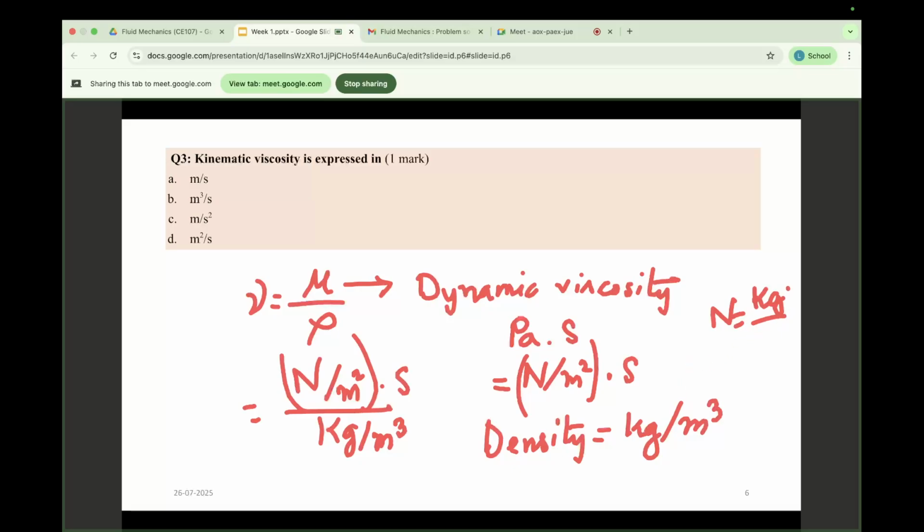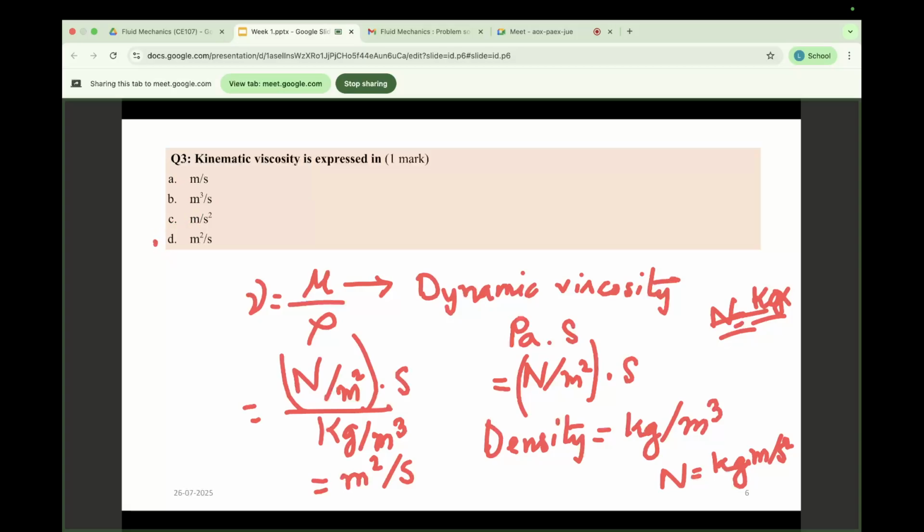So Newton is kg into meter per second square. You just put it here. In terms of Newton, it is kg meter per second square, and you will get it as meter square per second.